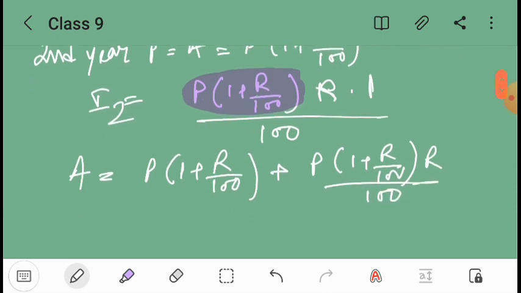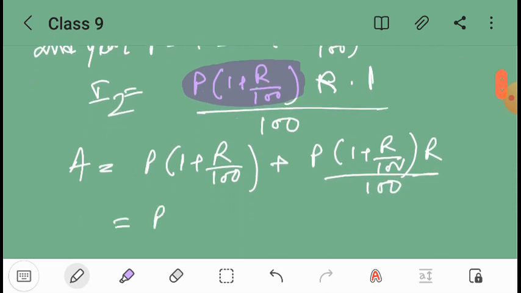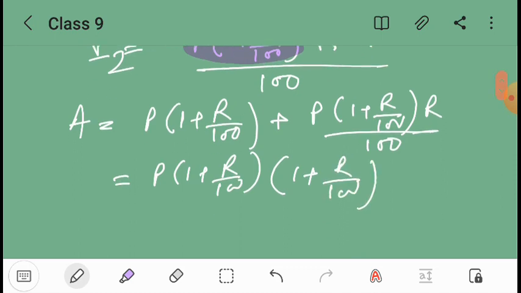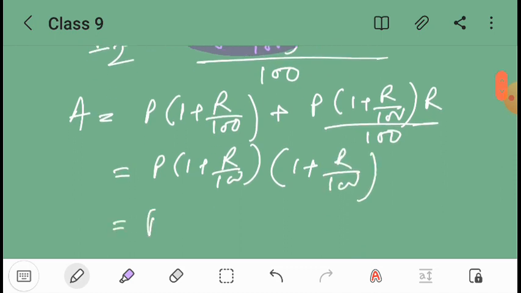If we take P into 1 plus R by 100 common, the remaining is 1 plus R by 100 again. So in the second year we have P into 1 plus R by 100 whole squared.